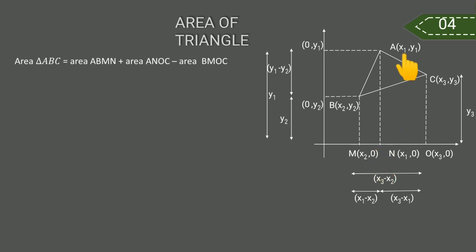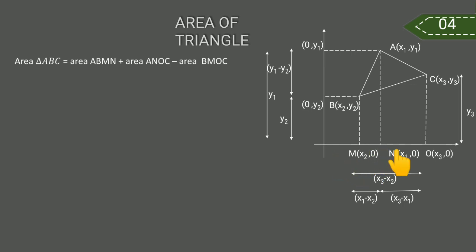For trapezium ABMN, the height of this trapezium is x1 minus x2, because point N is (x1, 0), the distance from the origin to point N is x1, and the distance from the origin to point M is x2.